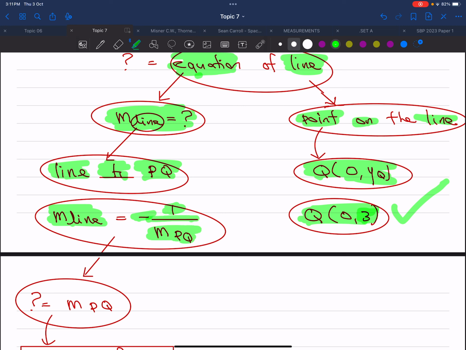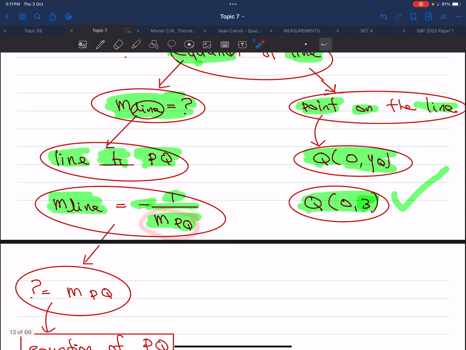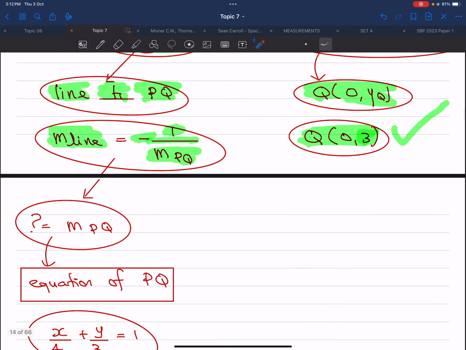So the gradient of the line equals negative 1 over the gradient of PQ, which means to find the gradient of the line, we need the gradient of PQ. So I'm going to find the gradient of PQ.